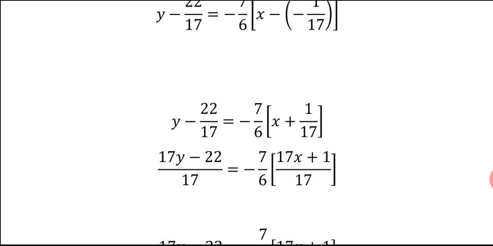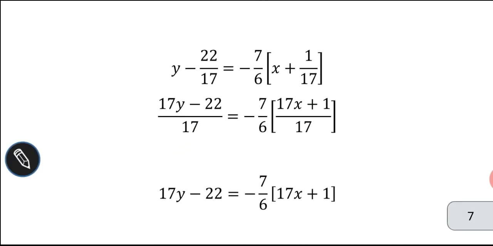Now the next equation becomes 17y minus 22 is equal to minus 7 by 6 into 17x plus 1.